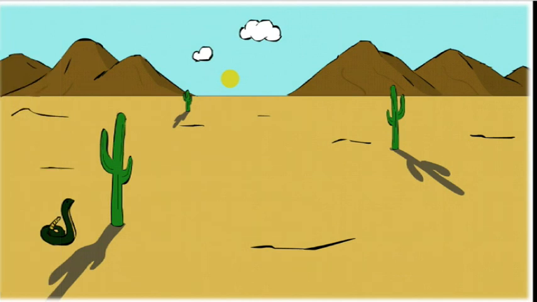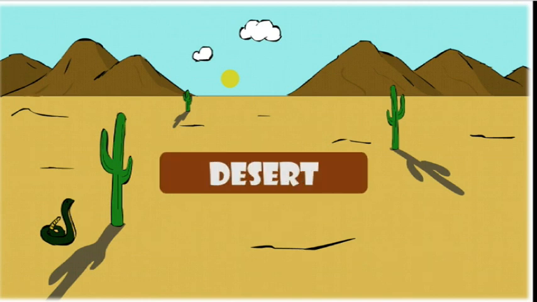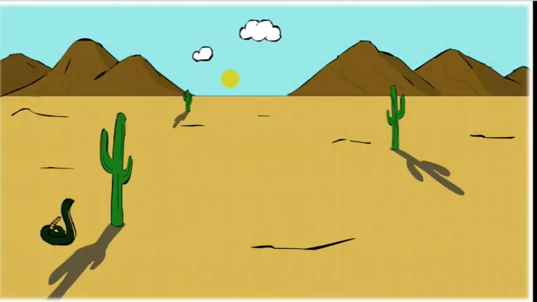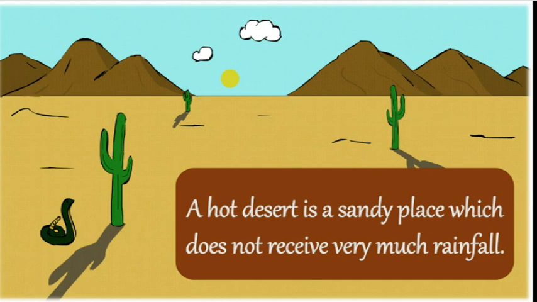Okay, class, do you know the name of this habitat? Yes, you all are very familiar with this habitat. This habitat is known as, yes, it is called a desert. As we all know, a desert is a sandy place which does not receive very much rainfall.